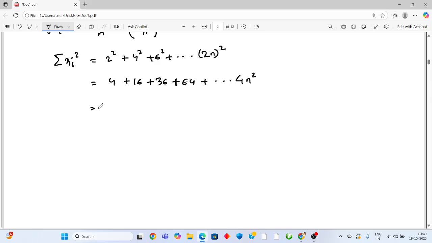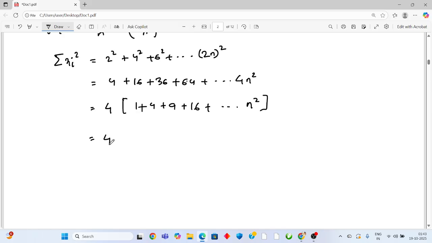If I take 4 common, I will get 1 plus 4 plus 9 plus 16, and the last term would be n square.